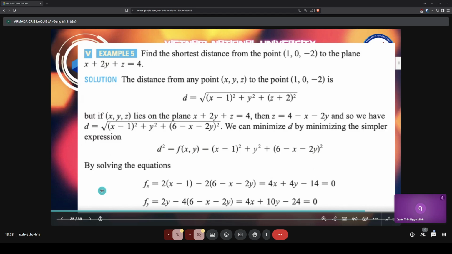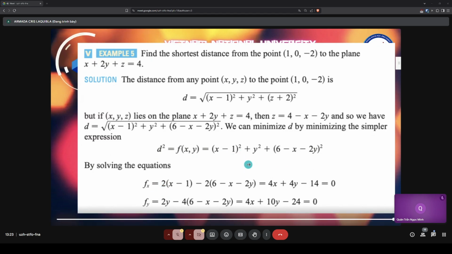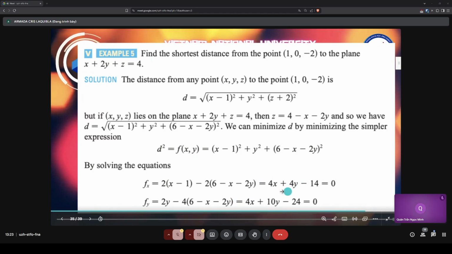We have to find a local minimum here, correct? This is our f of x, y. By solving the equations, fx, the derivative with respect to x, is 4x + 4y - 14 = 0. Then fy is 4x + 10y - 24 = 0.